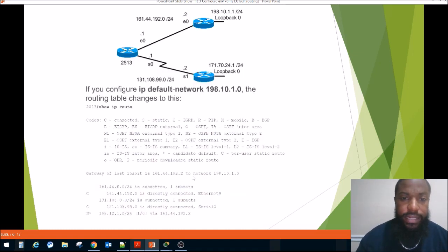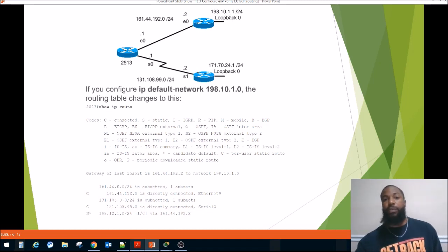I'll show you in the next slide. So right here, we configured 10.1, so it was this network right here. Let's say we wanted to get out of this network to the internet, we'd take this network, not necessarily interface, but network. So we type in IP default network 10.1.0.